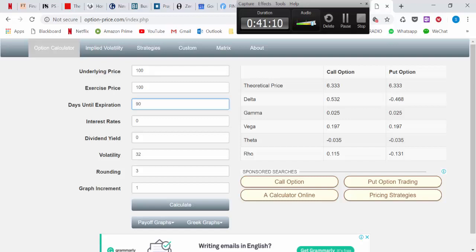Unfortunately, with a lot of these prices that you get on the street, they just show you the calendar theta, and you cannot use calendar theta for a lot of these mathematical computations. You need to use what I call a trading day theta. Okay, now I'll tell you what that is. So first of all, this is a calendar theta, minus 0.035.